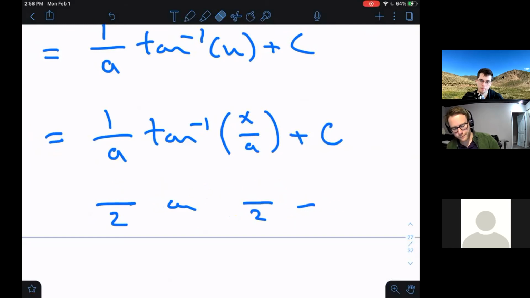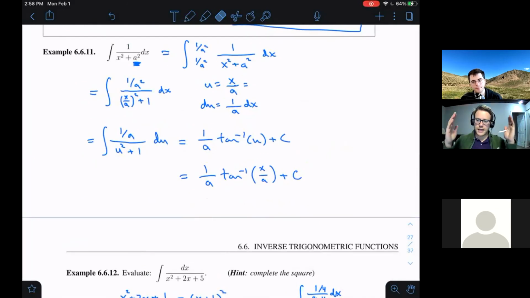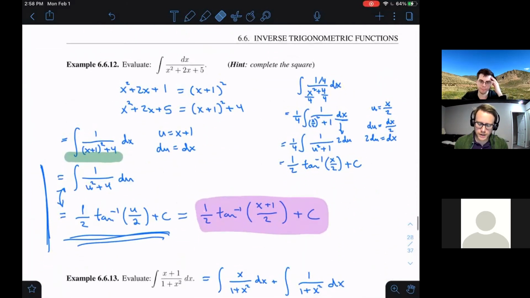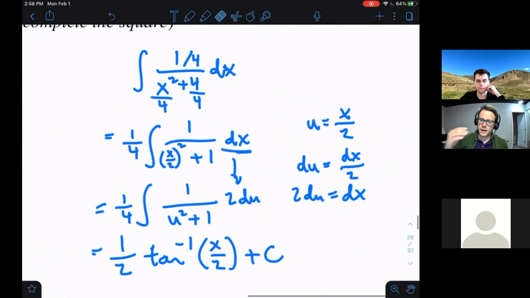That's one way. The other way is we would follow all of these same steps in order to come up with the result. We would do a rewrite. We would divide by 4 on top and on bottom in order to get a perfect square plus 1.